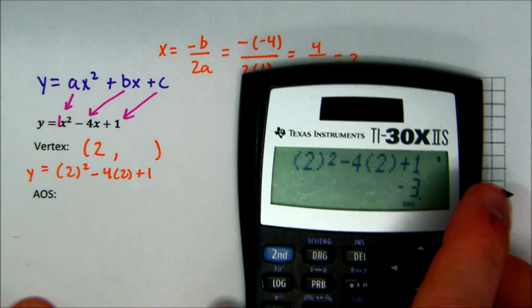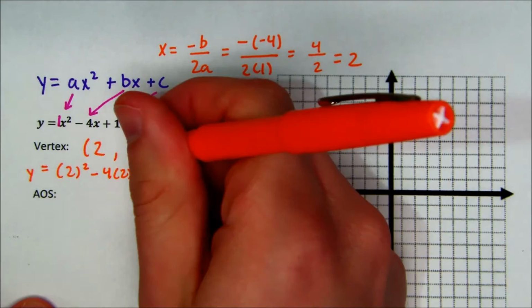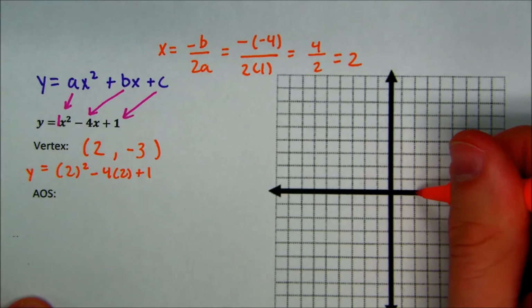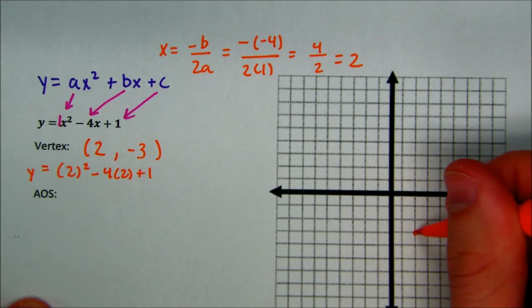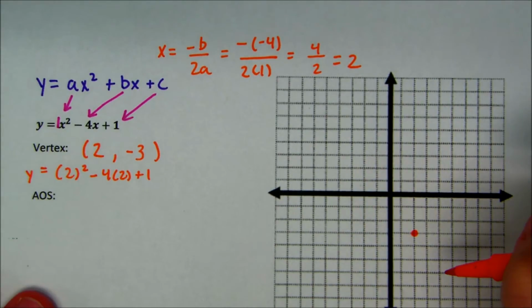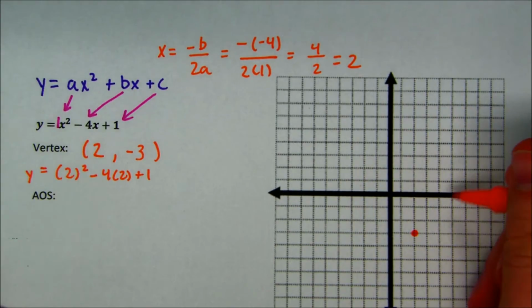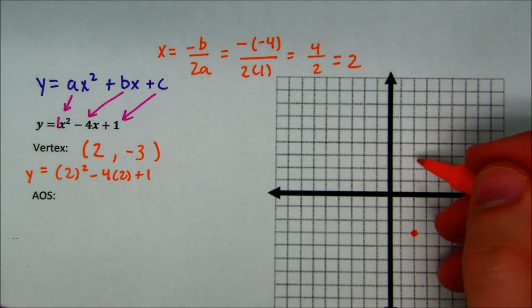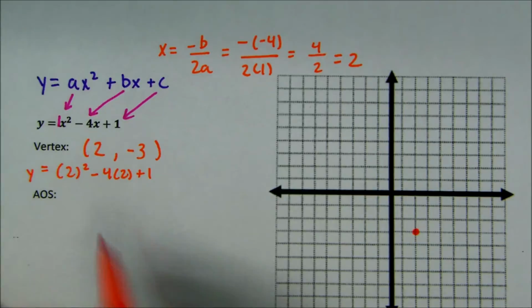And I'm going to go ahead and graph that. So that means I go over 2, down 3. That is the vertex. And the vertex is the turning point of a parabola. It's the maximum or minimum. There's a whole bunch of different properties. But the nice thing about it is that this thing called the axis of symmetry divides the parabola into 2 equal parts, and it always goes through the vertex.